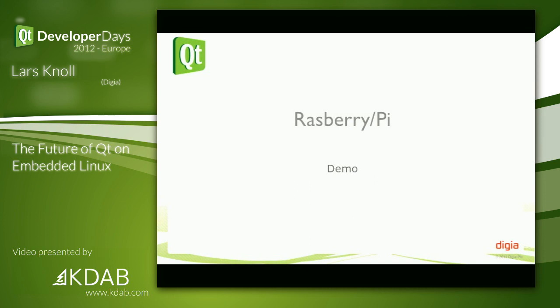Let's try to see if we can get Wayland up and running here. I'll just unplug this one, and let's plug in the other one. Andy, you might need to help me get things up and running here now. Of course. So let's see. This one should boot now.